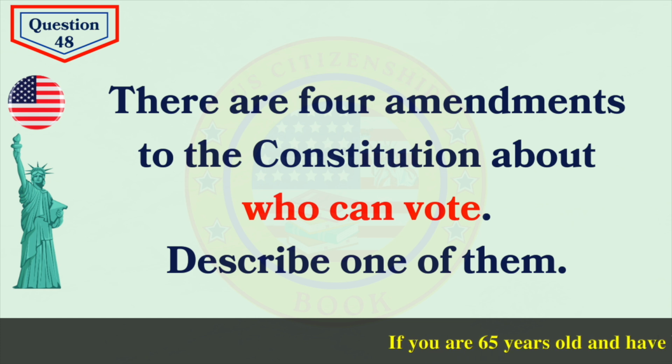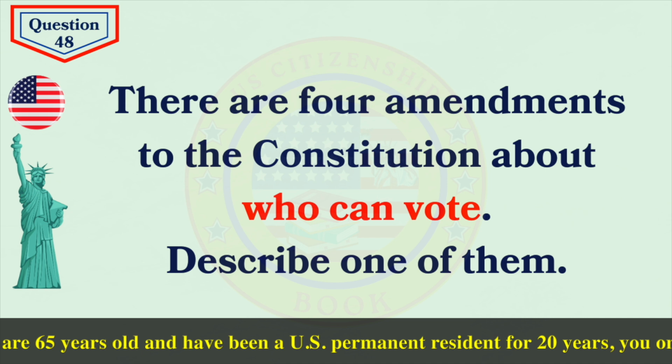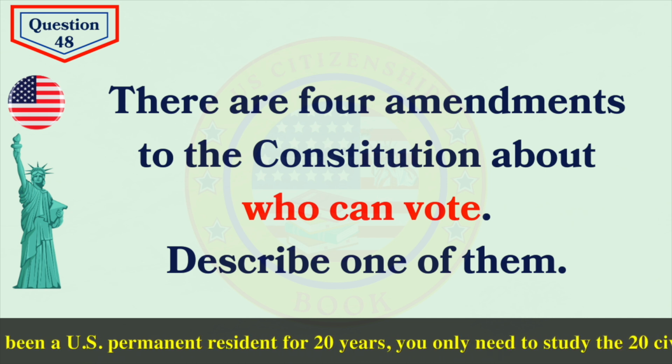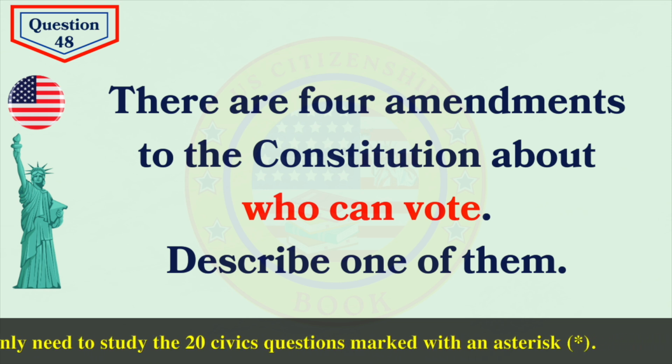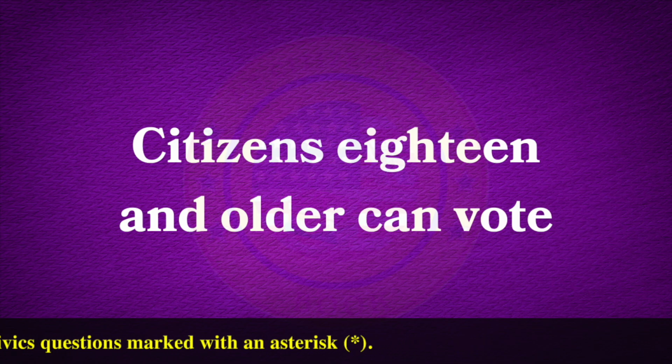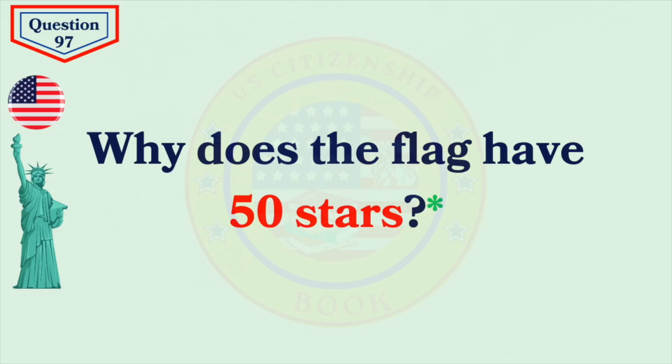There are 4 amendments to the Constitution about who can vote. Describe one of them. Citizens 18 and older can vote. Why does the flag have 50 stars?